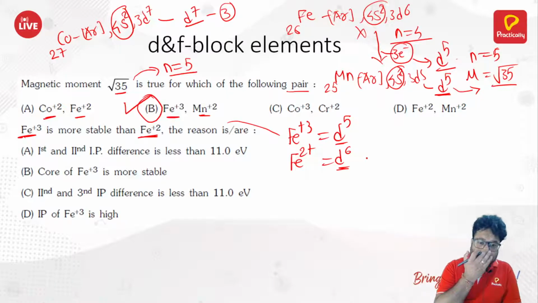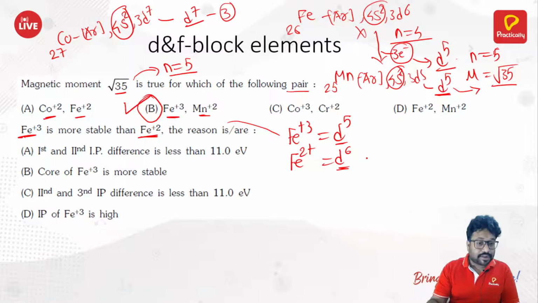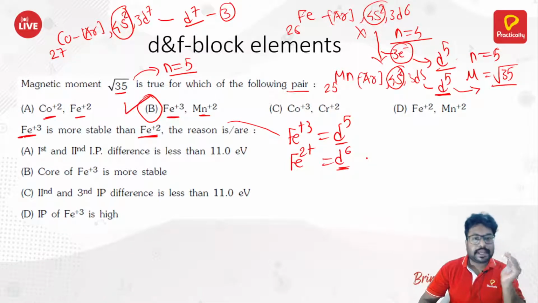Now we are not discussing how many unpaired electrons it has, because that is not our question here. Our question is why Fe plus 3 is more stable. They have already told us Fe plus 3 is more stable than Fe plus 2.